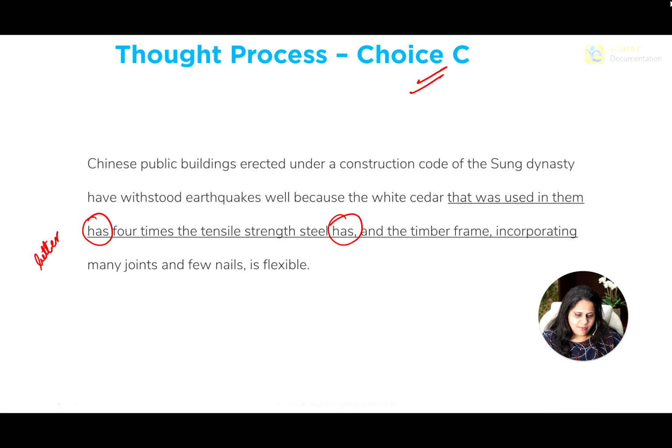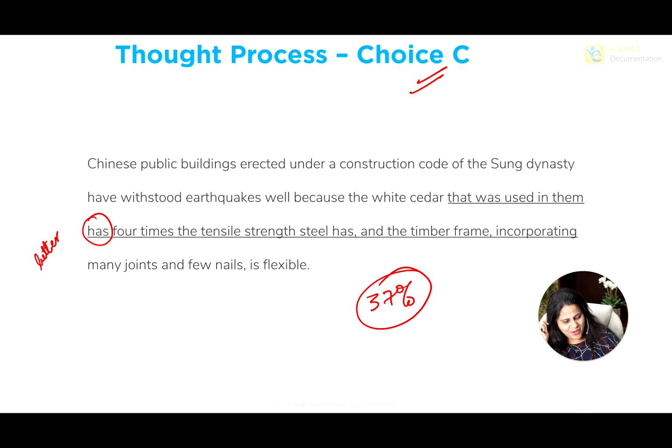What has happened here? What is it that you have missed when you applied this thought process? So if you were one of the 37% of the test takers, then the mistake that you made was you did not observe this comma over here.